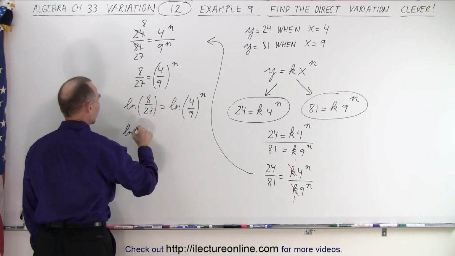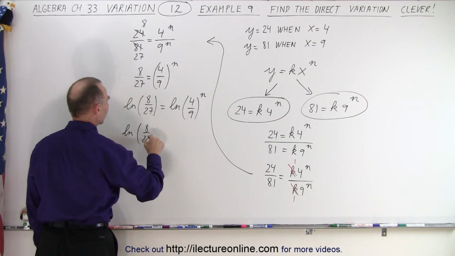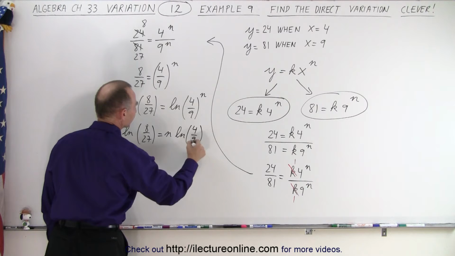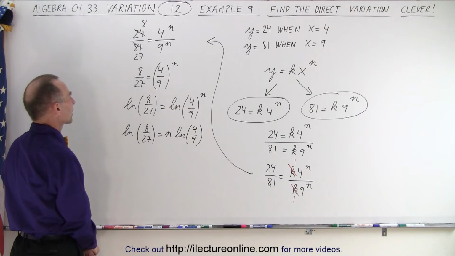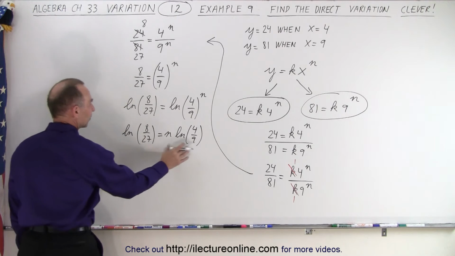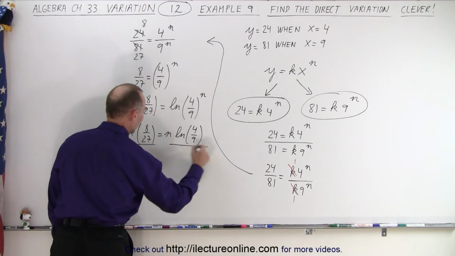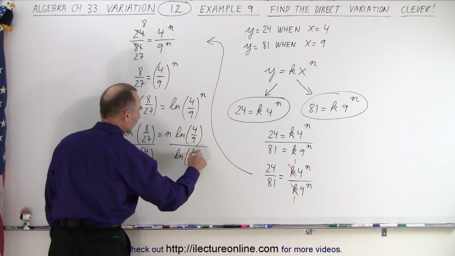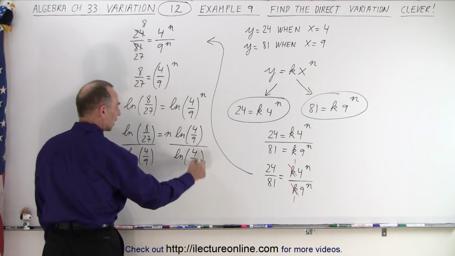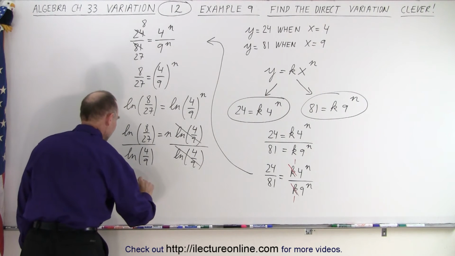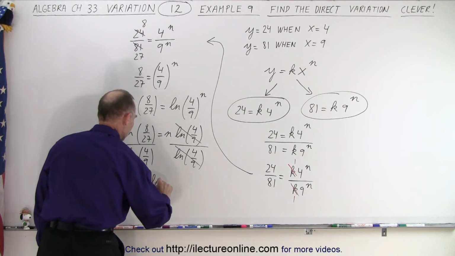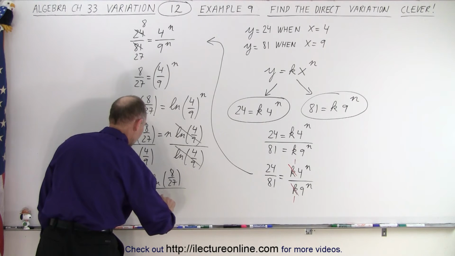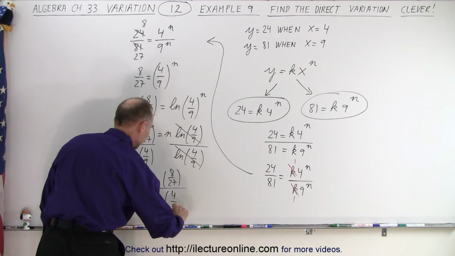So the natural log of 8 over 27 is equal to n times the natural log of 4 over 9. Then I can divide both sides by the natural log of 4 over 9, and those cancel out. I'm simply left with n is equal to the natural log of 8 over 27 divided by the natural log of 4 over 9.